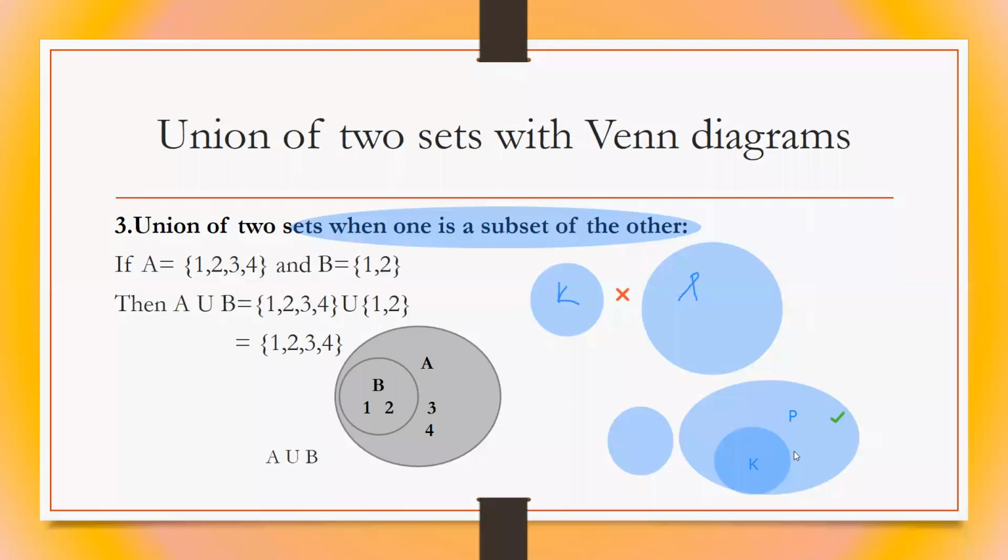Clear हो गई बात? अच्छा, इसमें एक और बात आपको समझने की है कि बेटे, the bigger circle must be of Pakistan. ऐसा नहीं हो सकता कि हम यहाँ पे bigger circle कराची को बना दें. ठीक है? It's not possible that this circle is for Karachi and this circle is for Pakistan. This will be wrong. ठीक है? We have to draw the bigger circle for Pakistan and the smaller circle for Karachi.